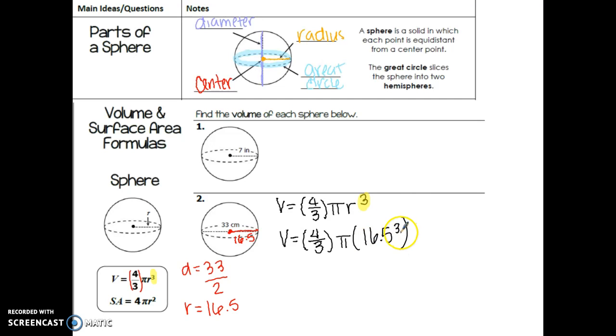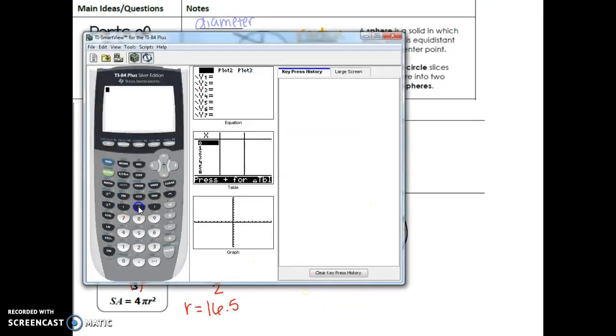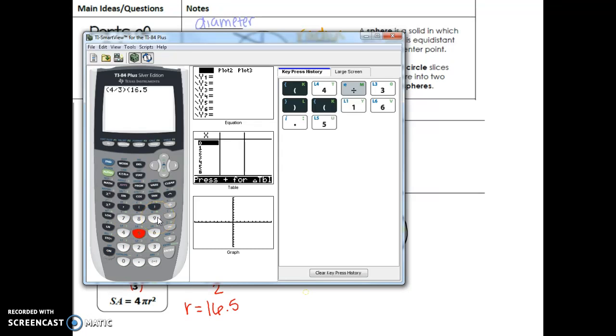I'm actually going to pull up the calculator so you guys can see. And what I'll be doing here is I will be multiplying everything that is not that pi. I'm going to leave that pi alone. So I'm going to say 4/3, 4 divided by 3, close parentheses, new set, 16.5, and here's what you're going to do. And yours is going to look a little bit different, but the motion is still the same.